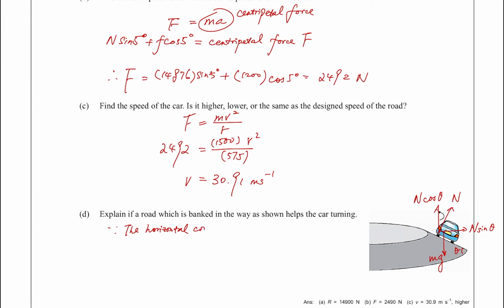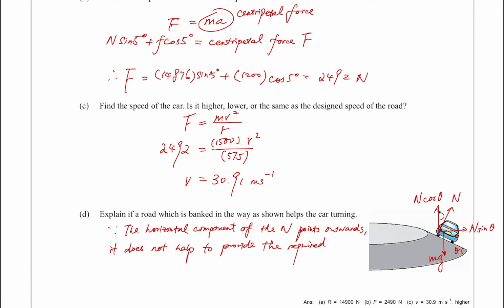Because the horizontal component of the normal reaction points outwards, it does not help to provide the required centripetal force in order to turn the corner.